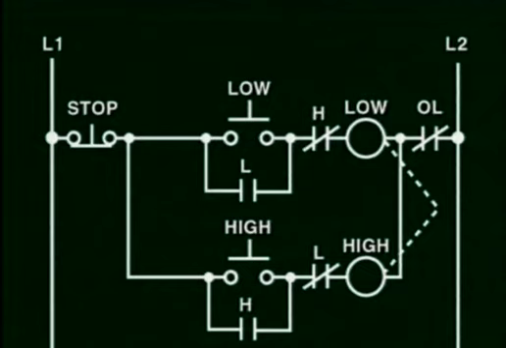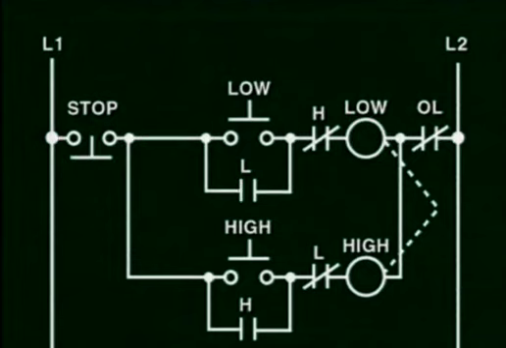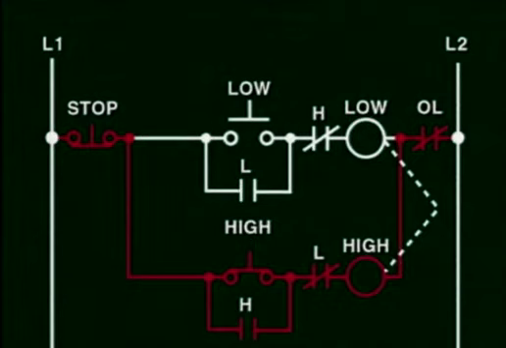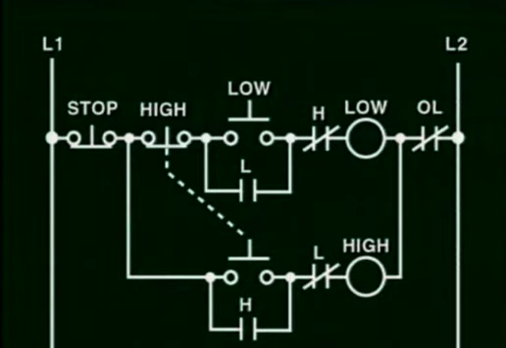These circuits may look similar to the forward-reverse controls we've seen before. For example, this circuit allows the operator to start the motor at either of the two speeds, but he must stop the motor before changing speed. We can easily modify this circuit so that the operator could change the speed from low to high without stopping.